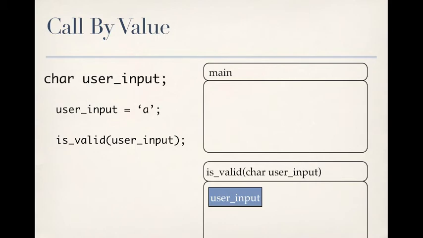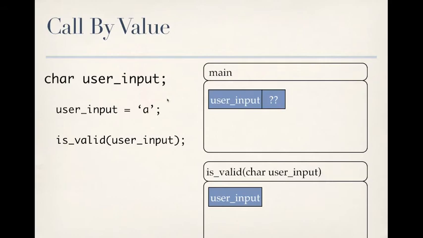What is going on here? First of all, we are executing this statement. And what happens in main? We will get some variable user input again here. And this has currently an undefined value, so we don't know. In C, this is also important, there is no standard initialization, so we have an unknown value.